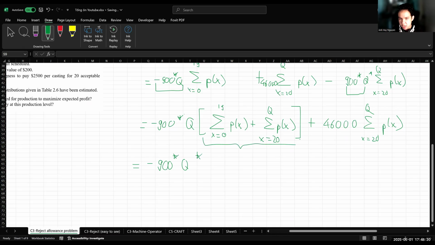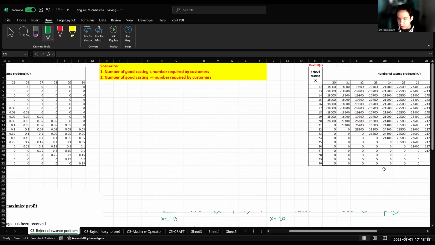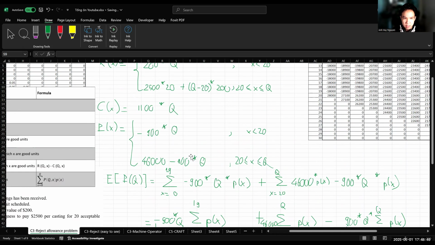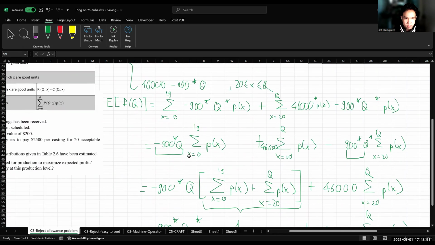If you don't understand why this summation equals 1, you can ask me in the comments. I will show you another example. And here it's the same, the sum of x from 20 to Q of p(x). Okay, so finally we will have our equations as below.